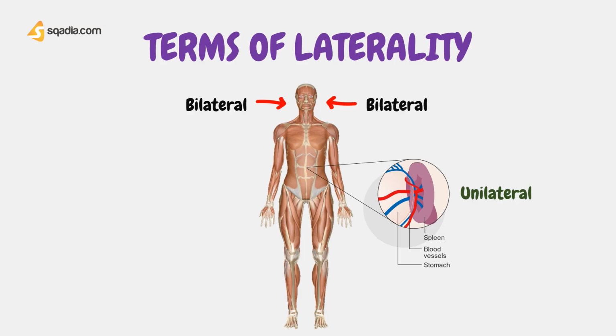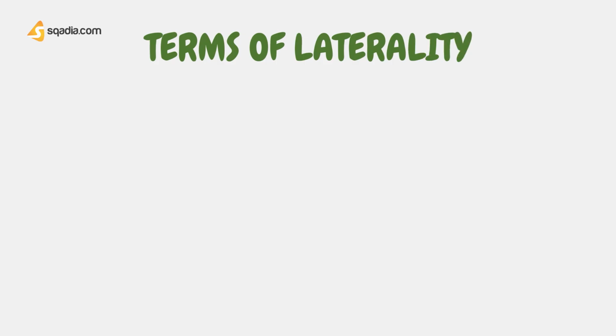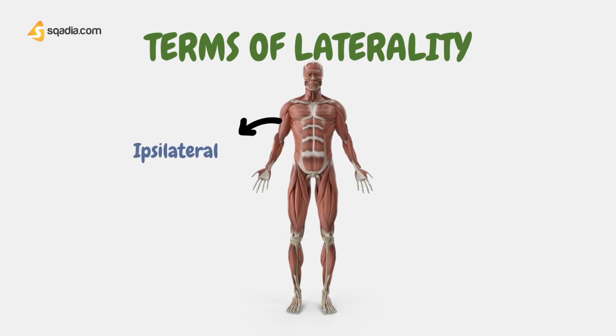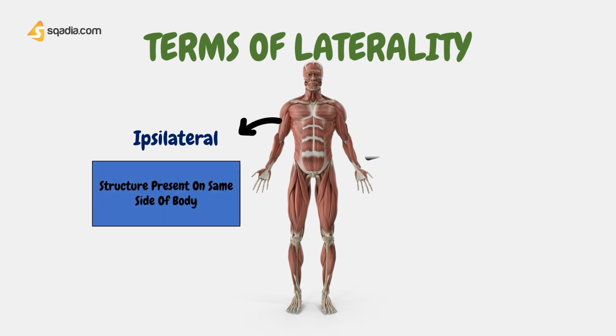Okay, so now we will discuss two terms which are a bit complex. We will illustrate them one by one. The first one is ipsilateral. The term ipsi means same. So when referring to body structures as ipsilateral, it simply means the structures present on the same side of the body.